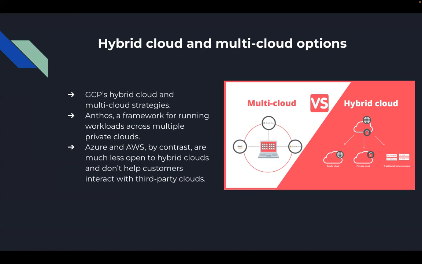Ansible built an open source technology like Kubernetes, making GCP a flexible cloud platform company with multiple hybrid clouds. Azure and AWS, by contrast, are much less open to hybrid clouds. Their respective hybrid cloud frameworks, Azure Stack and AWS Outposts, are tied directly to their own cloud and don't help customers interact with third-party clouds.